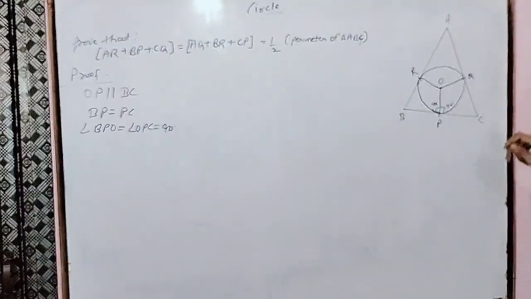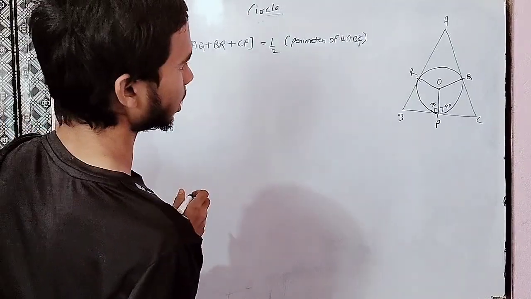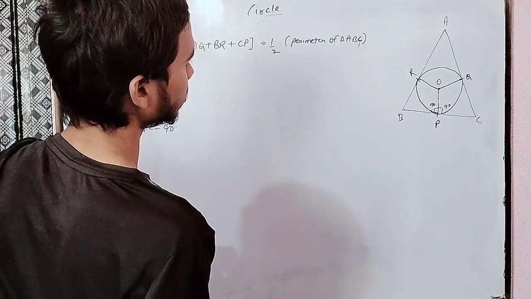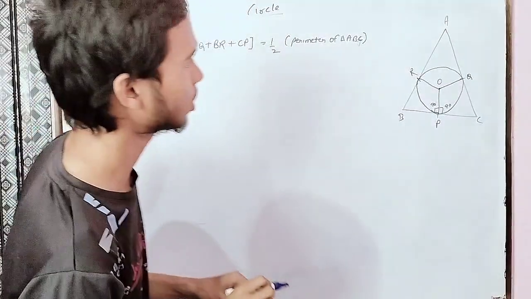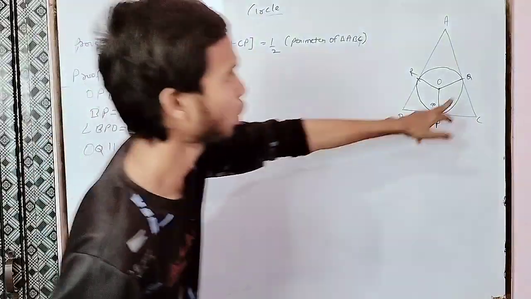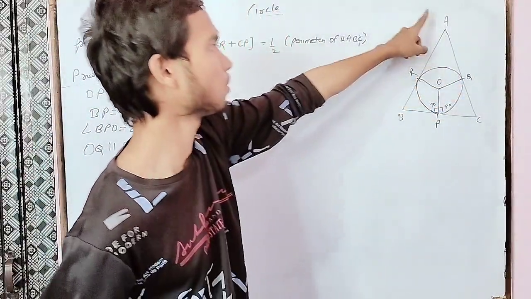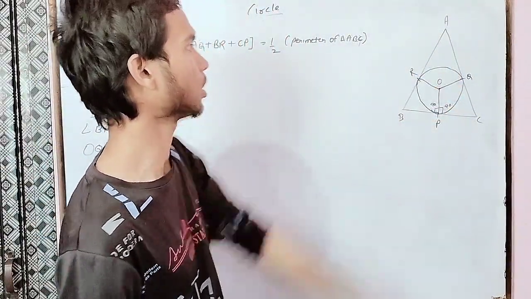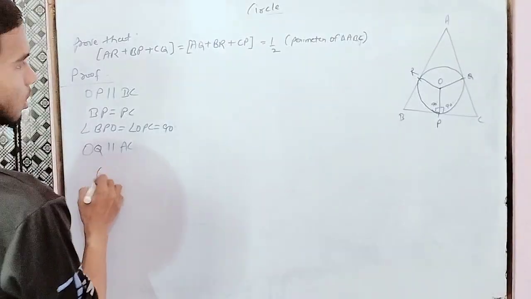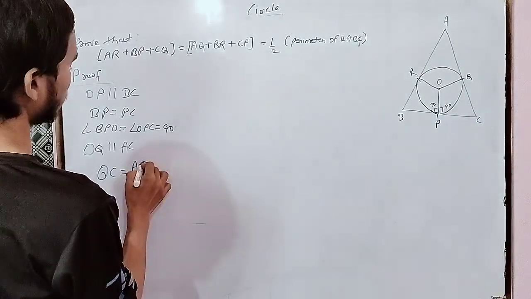Here OQ is perpendicular to AC, in which the measure of QC will be equal to AQ. So we can say QC is equal to AQ.